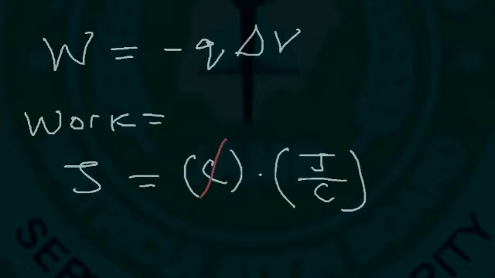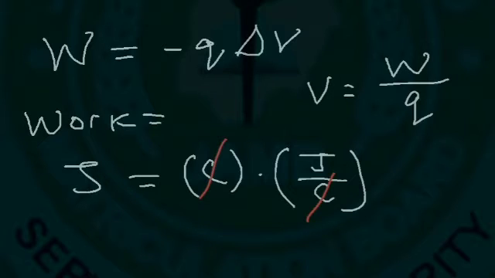So you can see that the unit coulombs cancel, giving you joules. So V is basically W over Q if you ignore the negative sign. But if you want to put it in there, it's like negative Q. So work is associated with energy. Work and energy, they have the same unit. They're measured in joules.